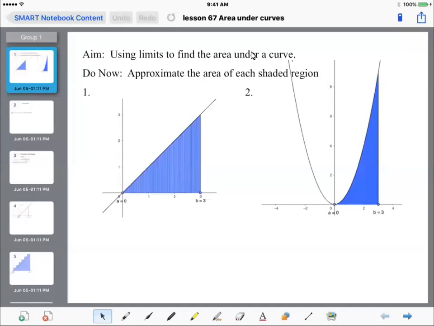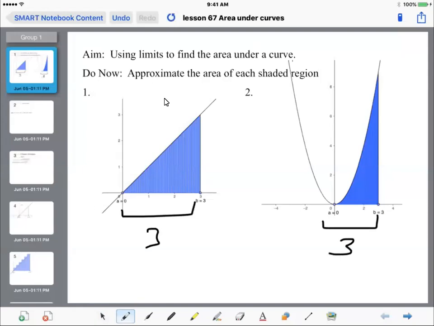So what you see are two questions in front of you. One is a triangle, and the other one is a blue sort of triangular-like shape. They both have a base of 3.